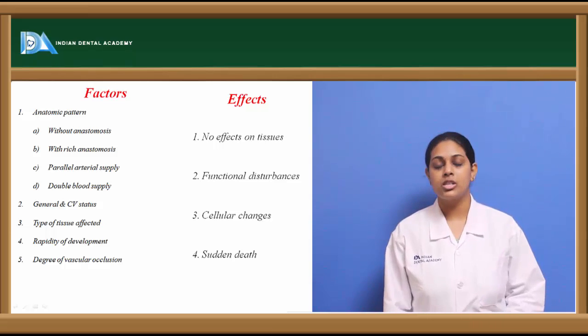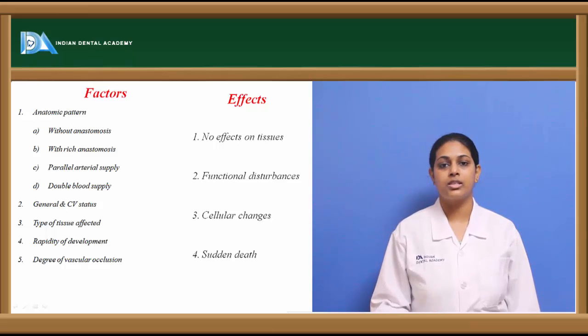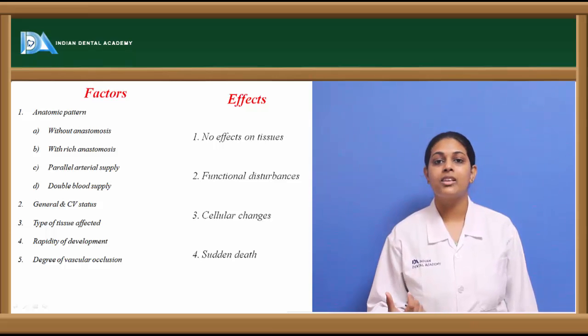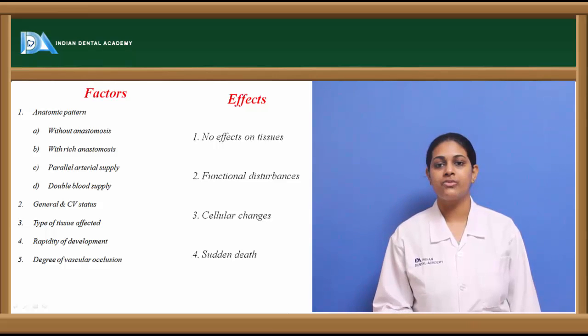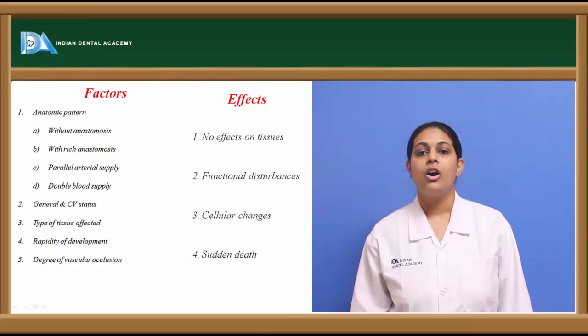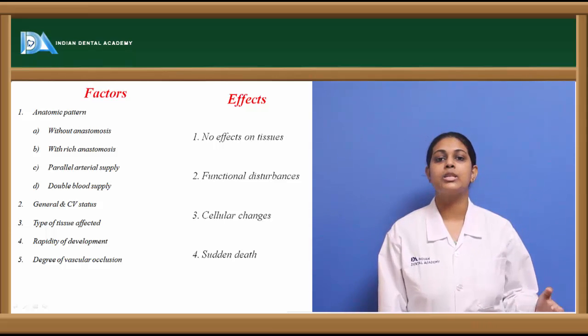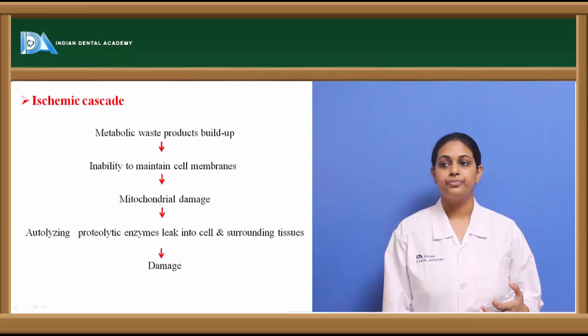We also see certain cellular changes in an organ exposed to ischemic conditions. We see cloudy swelling as well as fatty changes, and degenerative changes can also be seen in an organ affected with ischemia. So these are certain factors as well as effects seen in ischemia.